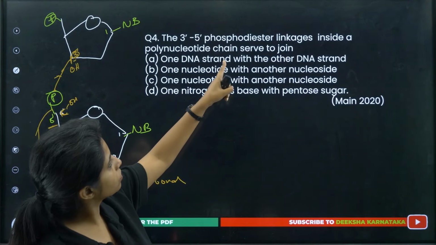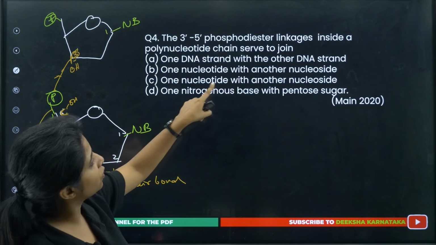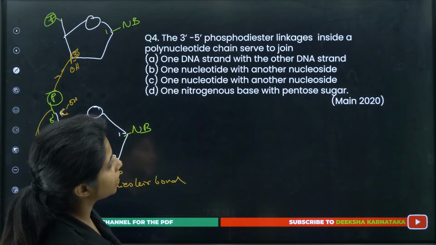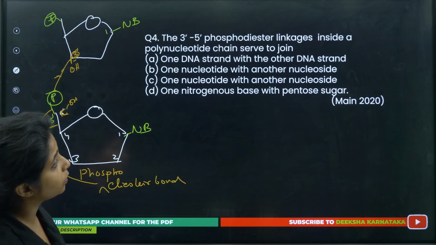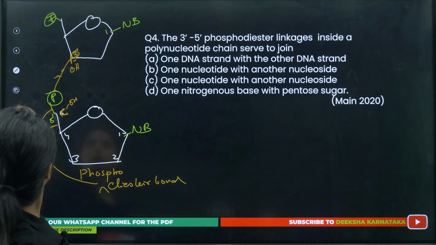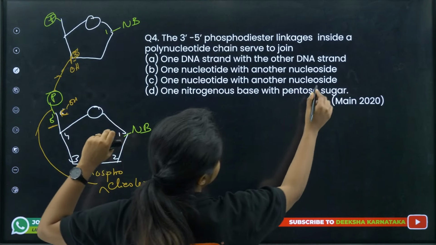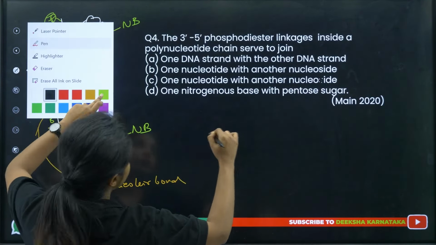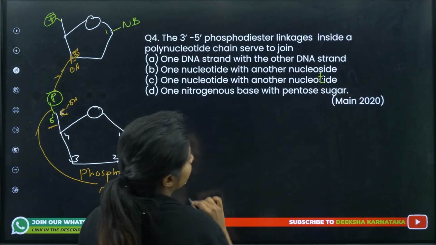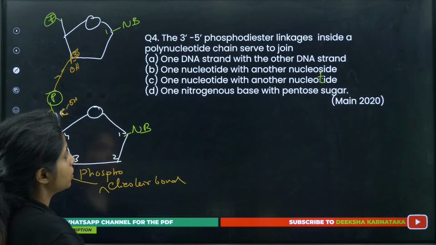Basically, does it attach one nucleotide with another nucleoside? Don't know. It's basically nucleotide. That might have been a printing error. This is one nucleotide to another nucleotide. So this is the correct answer.